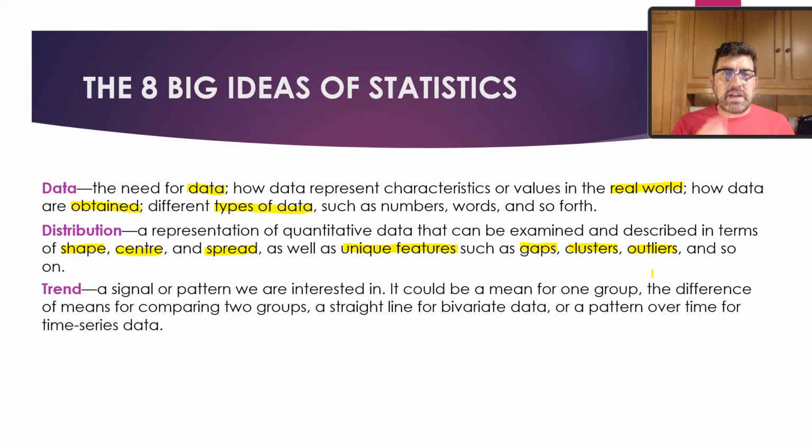The third big idea is the trend in the data. Trend: a signal or pattern that we're interested in. It could be a mean for one group, the difference of means for comparing two groups, a straight line for bivariate data, or a pattern over time for time series data. So what is the trend in the data?